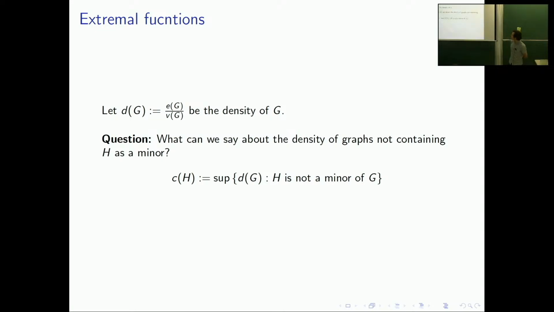Okay, so the question we're going to be interested in for this talk is what can we say about the density of graphs not containing a particular graph H as a minor? So here we define the density just to be the ratio of the number of edges to the number of vertices. And we define this extremal function as the supremum of the densities of graphs G such that H is not a minor of the graph G.